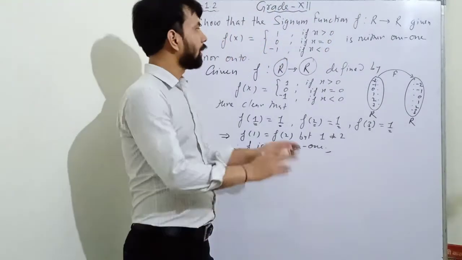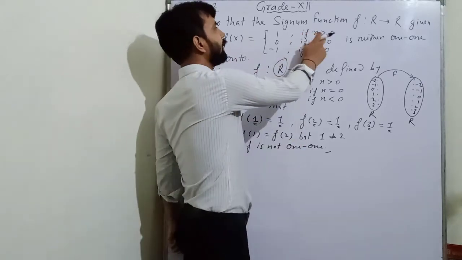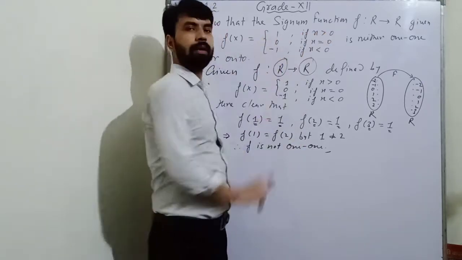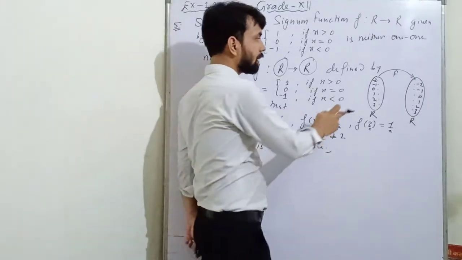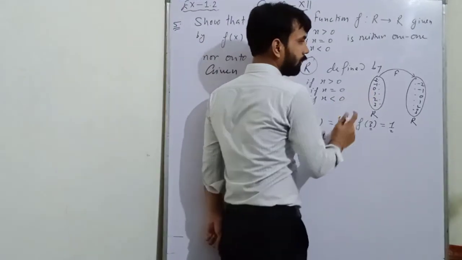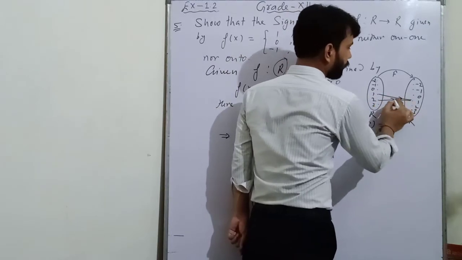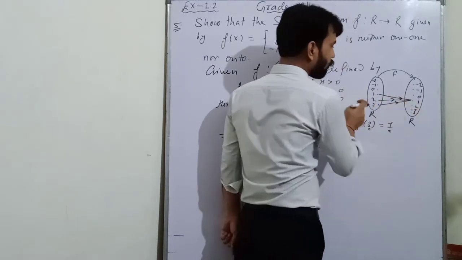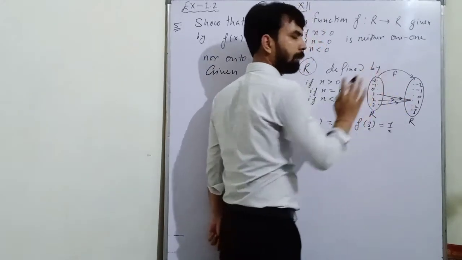Clear? Now according to this function, if x is greater than 0, then its image will be 1. For x is greater than 0, so x is greater than 0, 1, 2, 3. So where will their images go? They will go to 1. Means all three elements 1, 2, 3 having their image at 1.